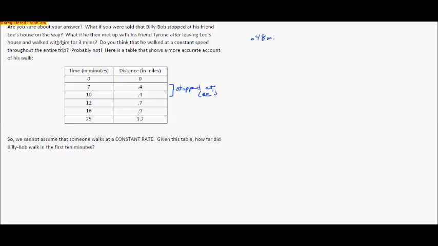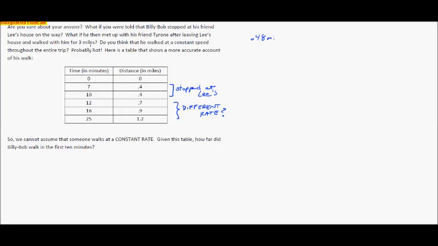But then he met his friend Tyrone, and Tyrone probably walks at a different speed than Billy Bob does. Alright, so then at 16 minutes he's at 0.9, and at 25 minutes he's at 1.2. So there may be in here a different rate. He's traveling at a different rate possibly from when he left his house originally. It might be from 0.4 to 0.7, because that's a difference of 0.3 miles.